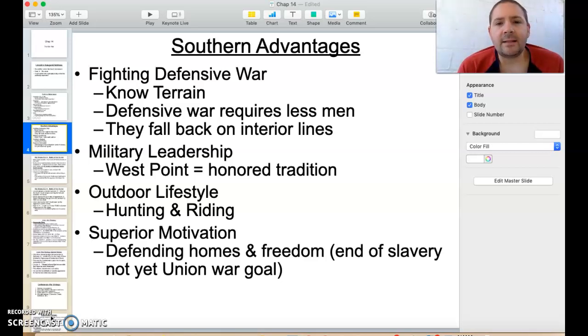The other piece to this is that the South has a far better military, right? In the South, there had been a long tradition of military prowess, and the South had developed a much stronger military culture. Young boys are on their horses, learning to shoot, learning to fight from a very young age.